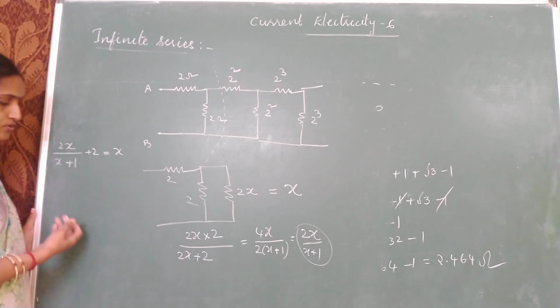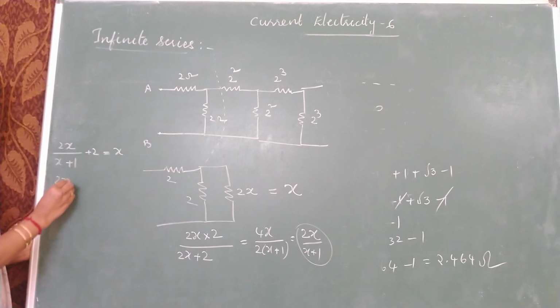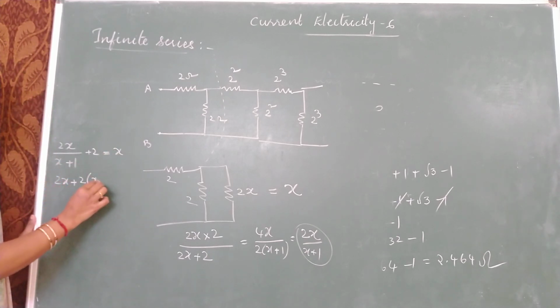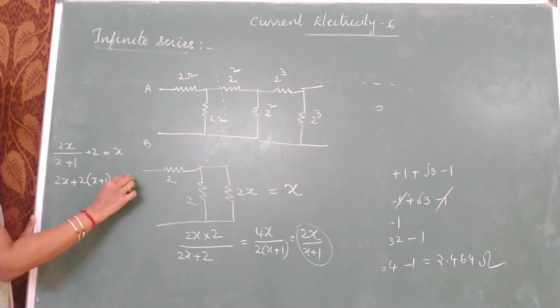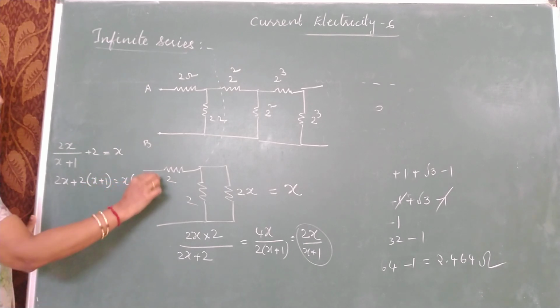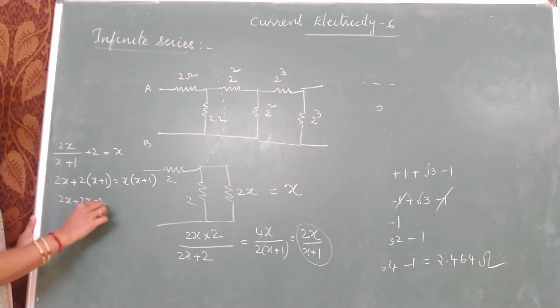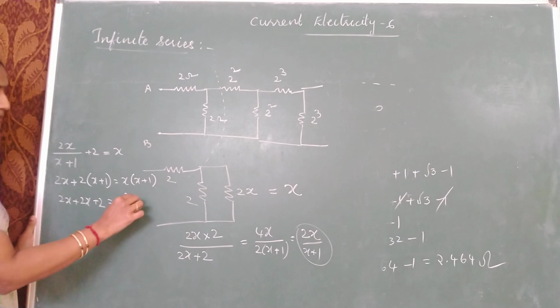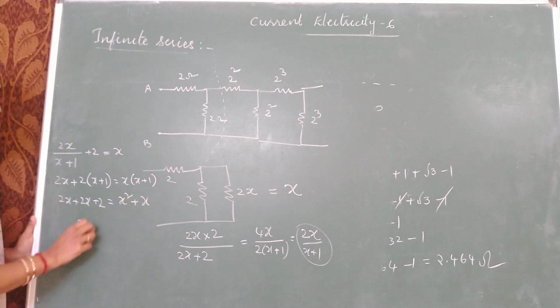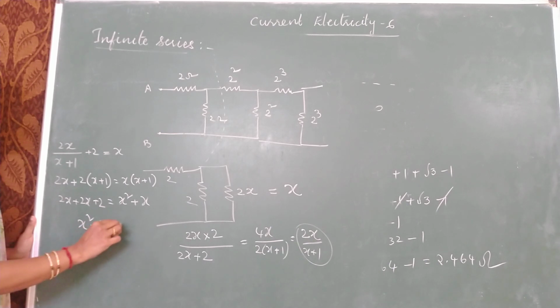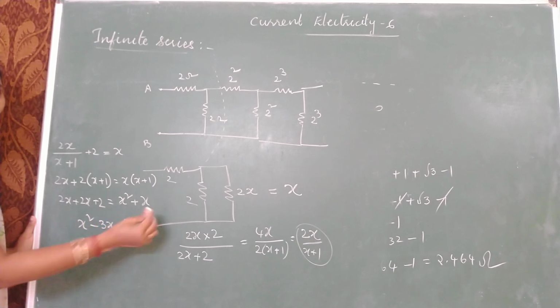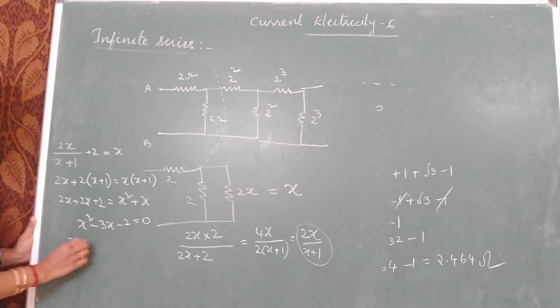I think it's easy to solve now. Let's take the LCM. 2x plus 2 into x plus 1 gives 2x plus 2x plus 2, which should be x square plus x. Or x square plus x minus 4x is minus 3x, minus 2 is 0. So what should be the value of x if you use the roots of a quadratic equation?